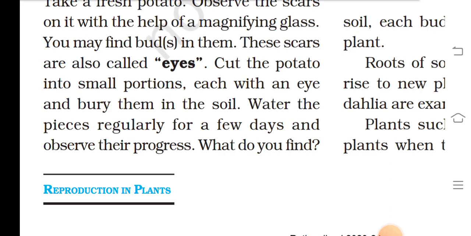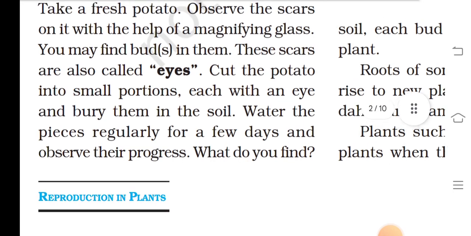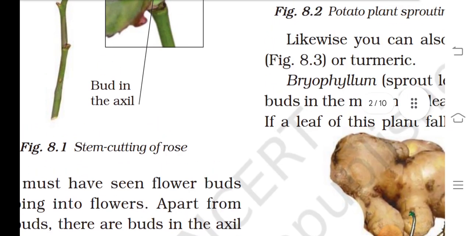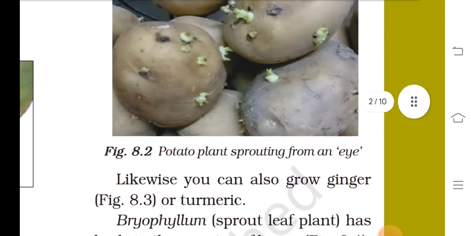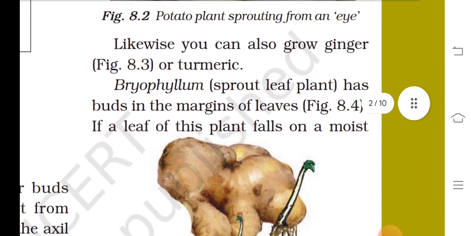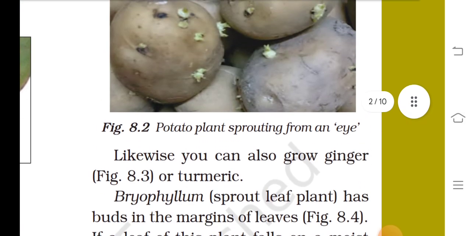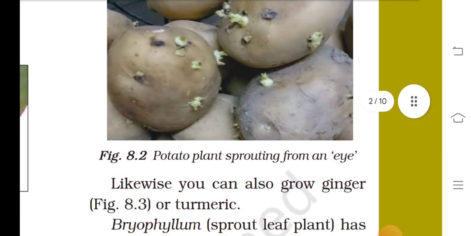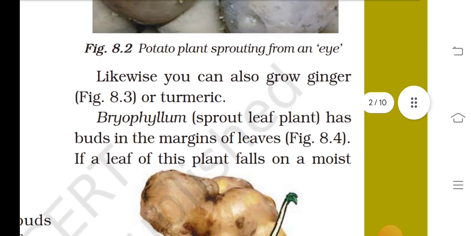Water them regularly for a few days and observe their progress. What do you find? Potato plant sprouting from an eye. Likewise, you can also grow ginger and turmeric.